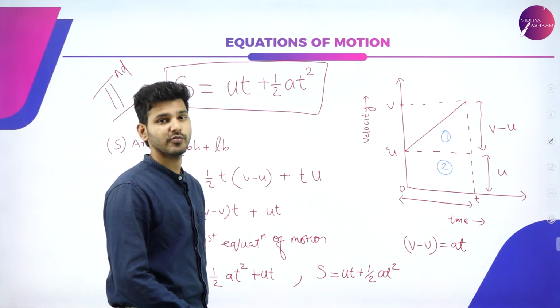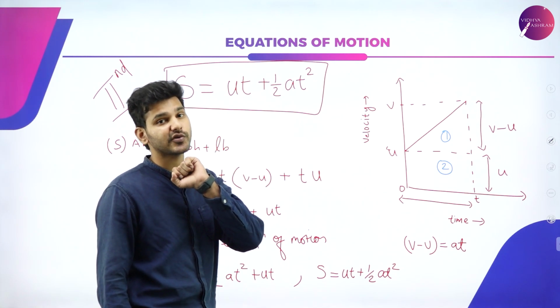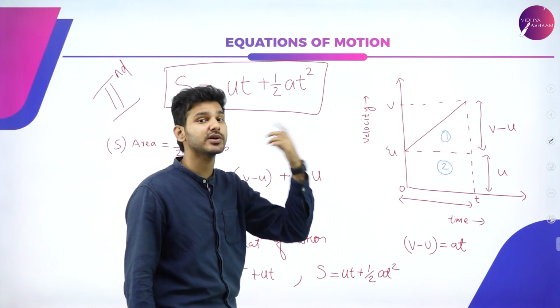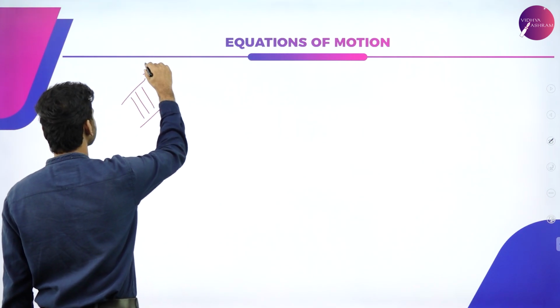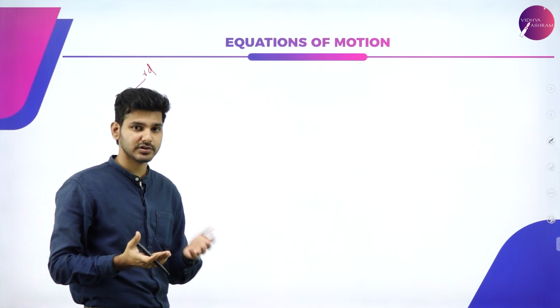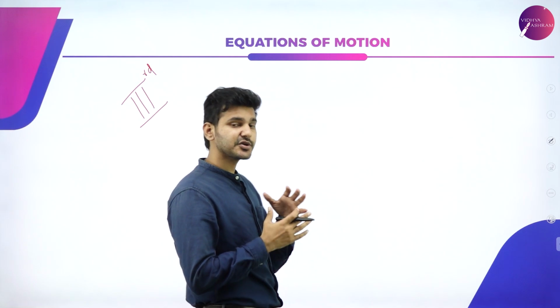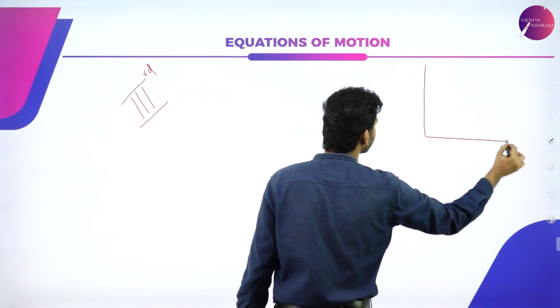Are we done? No, we just have one more thing to find out, that is the third equation of motion. We will be using the same graph and we will be finding out the third equation of motion. So the third equation of motion is quite frankly very simple. So here I'm not going to take the entire graph, I'm just going to take the shape of that particular graph. That is, we had the graph like this, right?